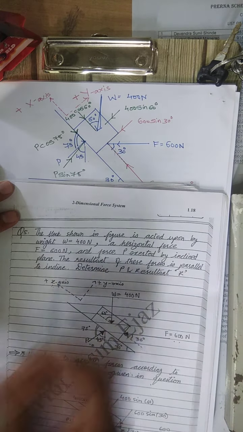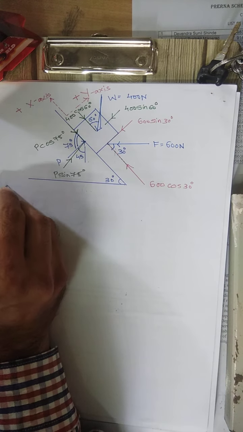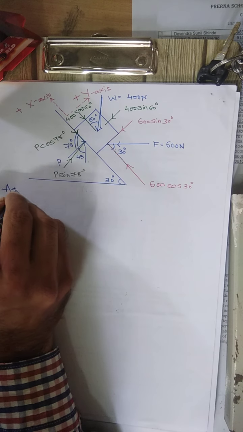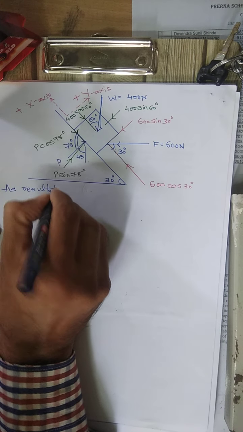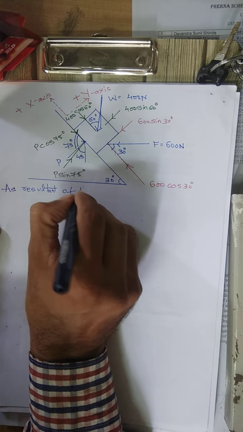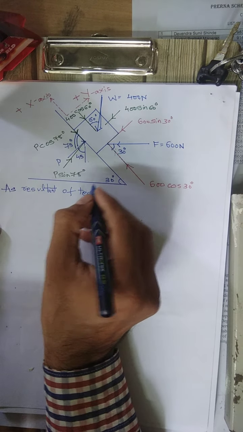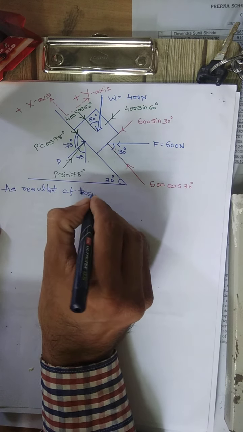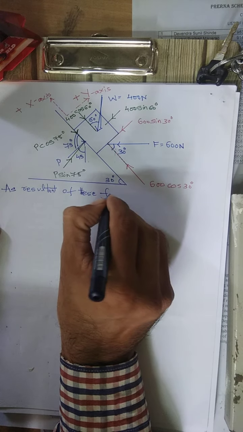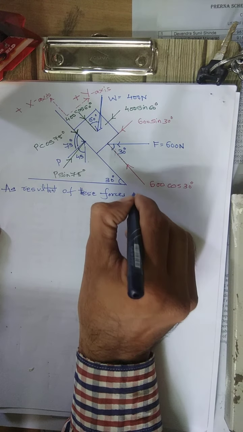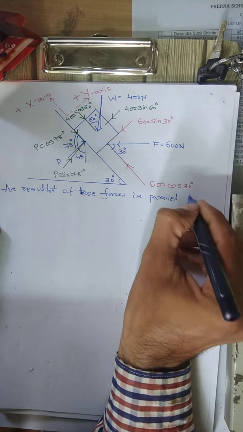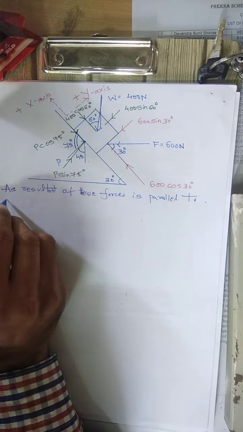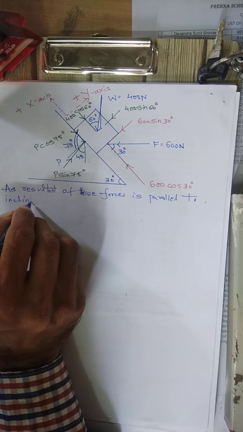So this sentence has two meanings. I am writing down the same sentence: the resultant of these forces is parallel to the incline.